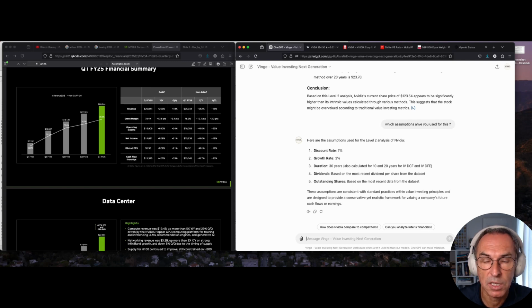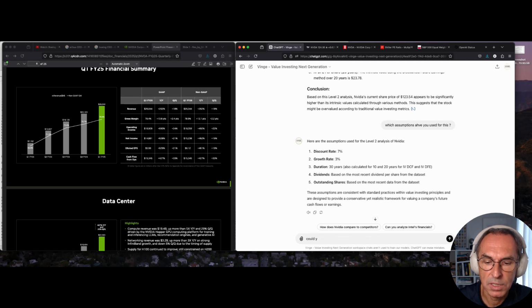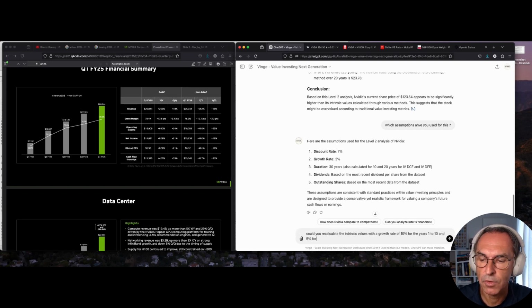So you could take Vinge and say, okay, could you recalculate the intrinsic values with a growth rate of, for example, 10% for the years 1 to 10, sorry, typo, and 5% for the years 11 to 30.